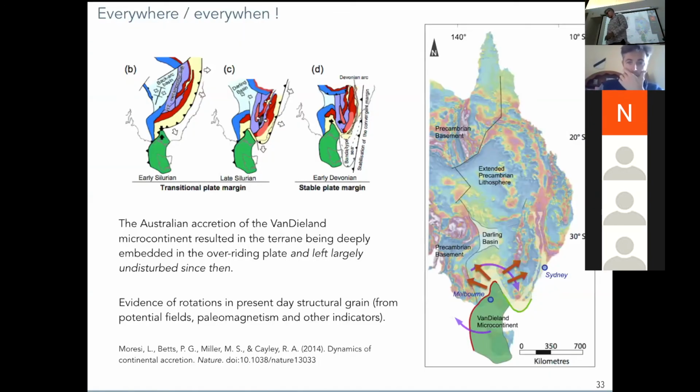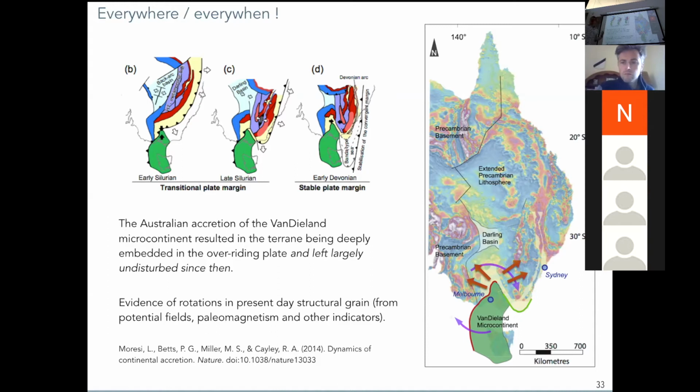So for those of you who are interested in the whole Tasmanide story, we tried to tell this, as you know, is there somewhere that we can see this whole thing having been completed, right? So the young end member is something like the Izu-Bonin system or the Alaskan system with the Yakutat collision.